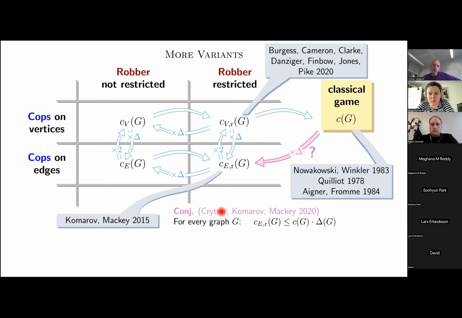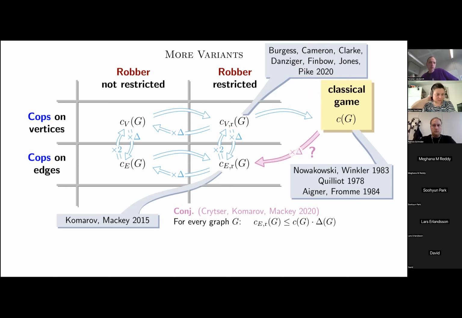And the vertex variant, also in the restricted setting, has been proposed by a group of 7 authors in 2020, also published in 2020. I heard one of them giving a talk about it, and this is how I knew about these things. So these surrounding variants are rather new.